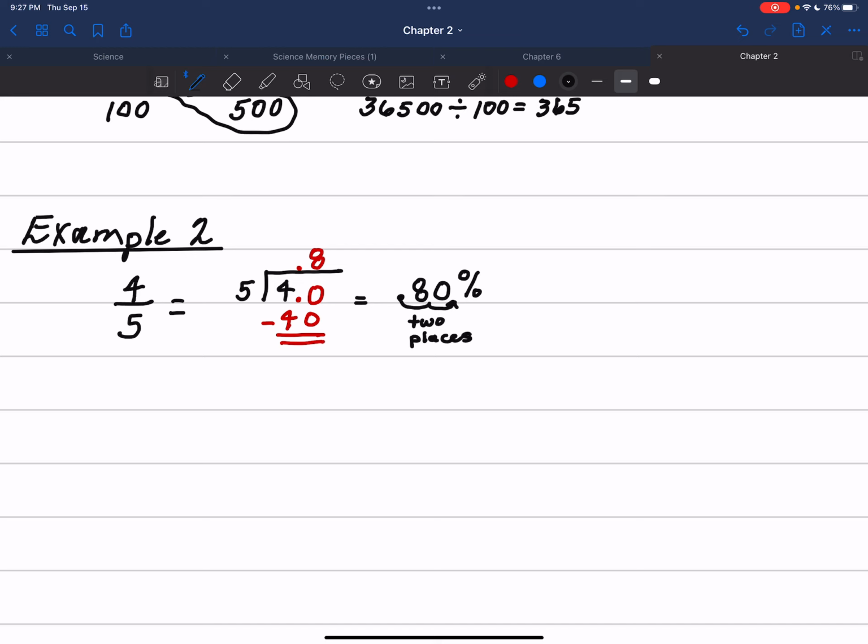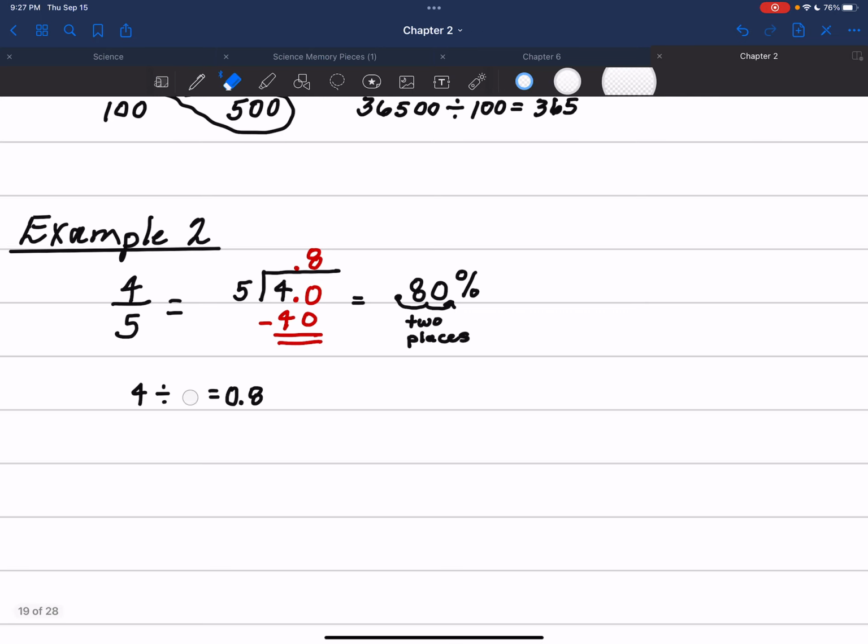Now, you can do that on the calculator by typing 4 divided by 8. No, it won't work, because I've got the wrong number in there. How about 4 divided by 5?